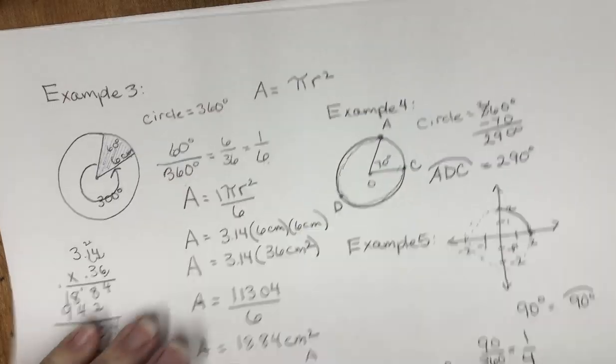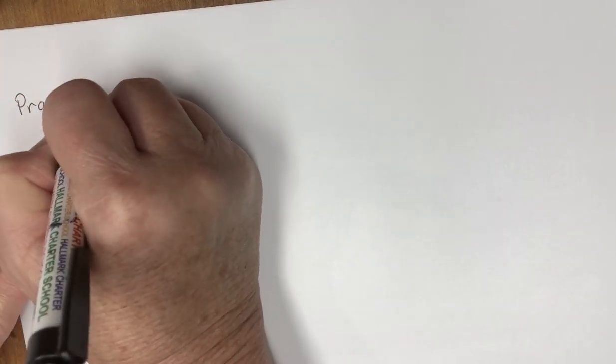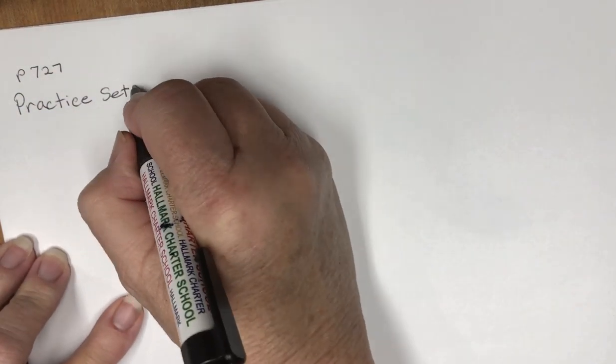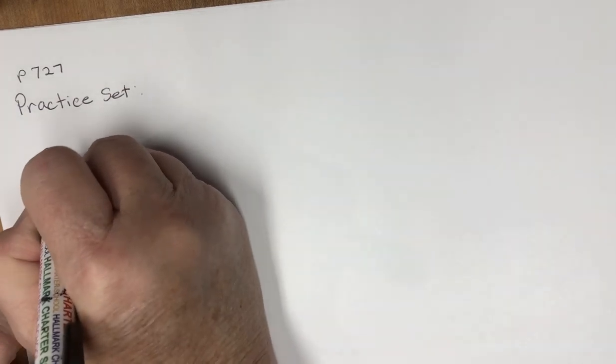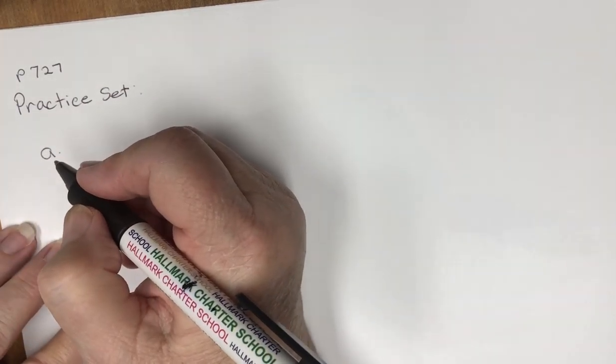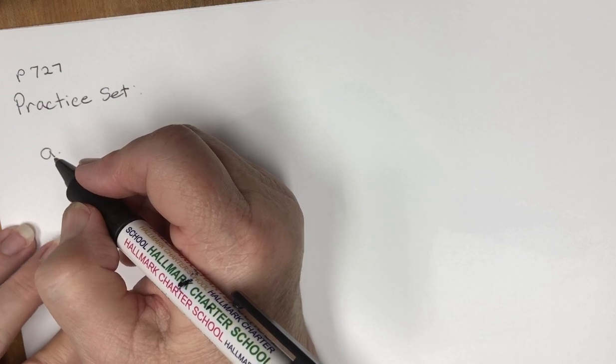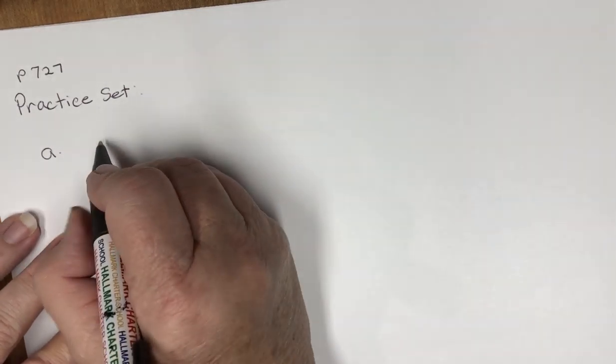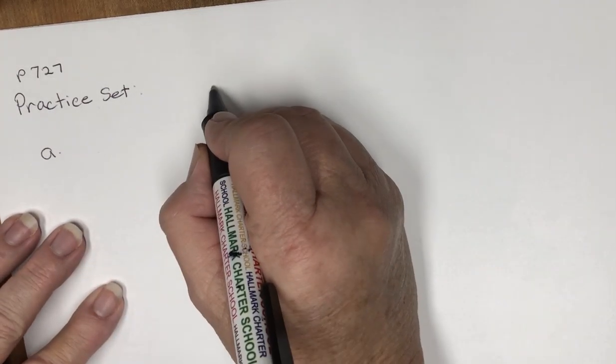All right, we're ready to go and do our practice problems. Our practice set is on page 727. There's A through D, starting at A. Find the measure of this figure, each measure of this figure. Dimensions are in centimeters. Use 3.14 for pi. Okay, first let me draw my picture.